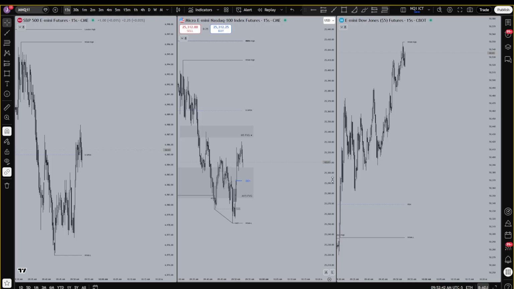Yeah, we have internal SMT at the top. ES now, the internal high. I think that's 5-minute. Yeah, it's a 5-minute gap.